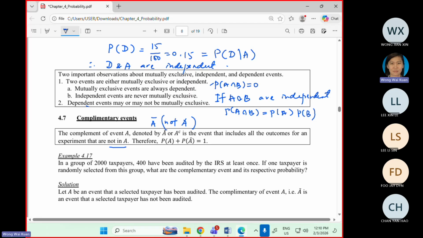Those in A plus those not in A will be everything.